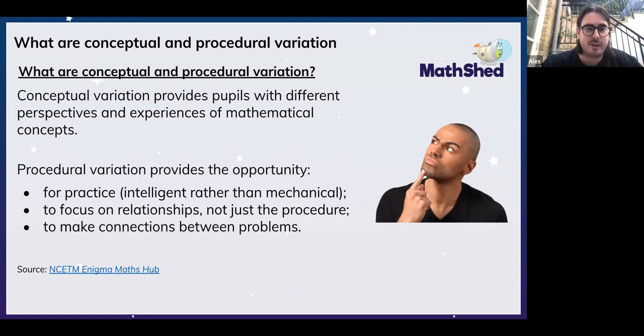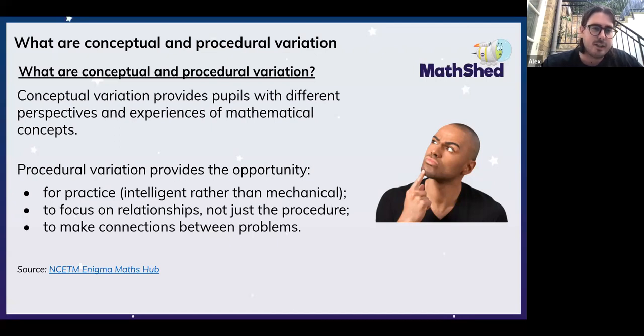So what are conceptual and procedural variation? There are two forms of variation. Conceptual variation provides pupils with different perspectives and experiences of mathematical concepts. A particular way you can foster conceptual variation in a class is using different mathematical equipment, so different concrete resources.